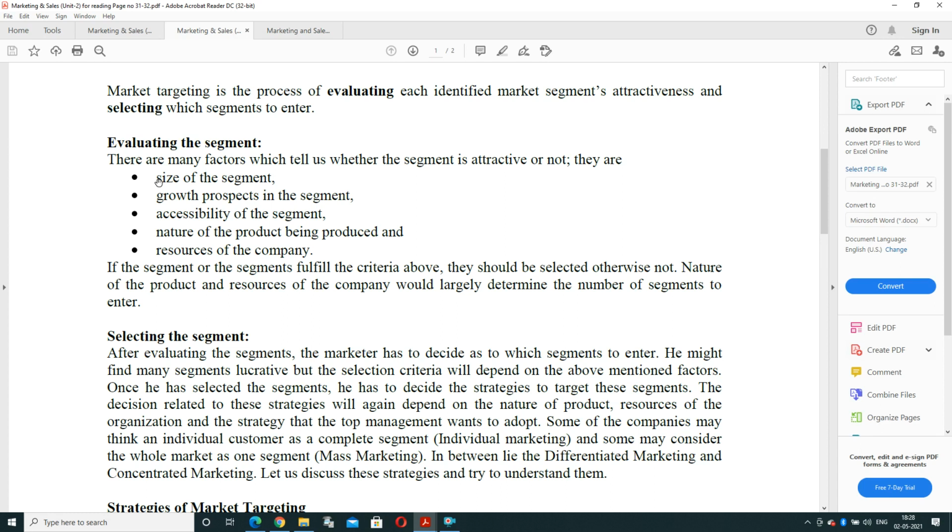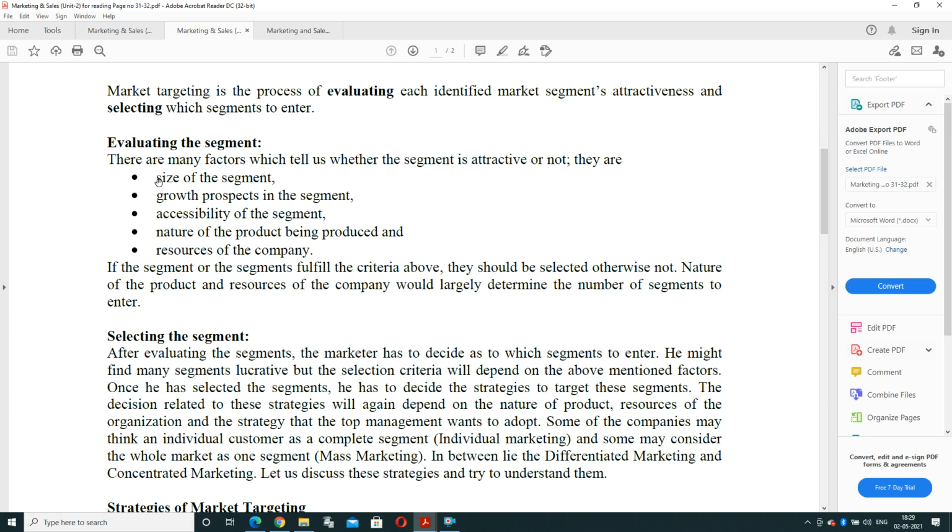So the decision related to this strategy will again depend upon the nature of product, resources of the organization, and the strategy that top management wants to adopt. Some companies may also think of an individual customer as a complete segment, which is known as individual marketing. And some may consider the whole market as one segment, which is also known as mass marketing.